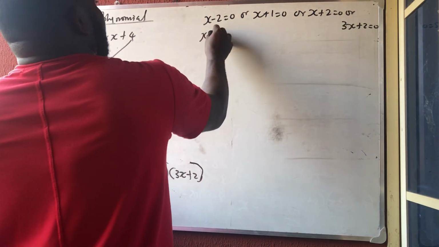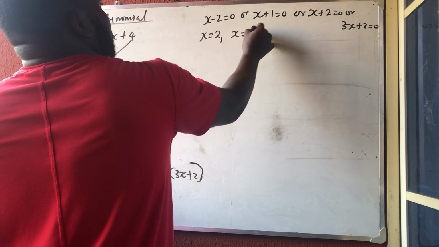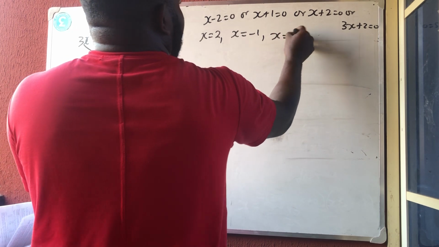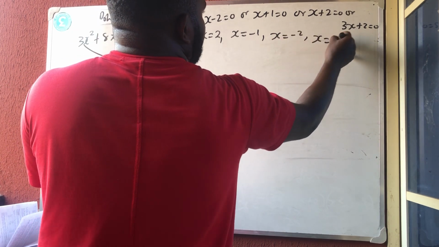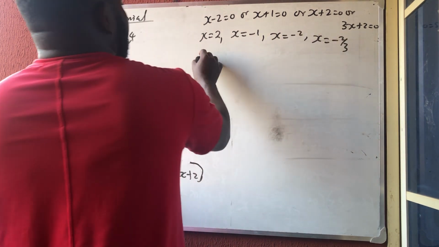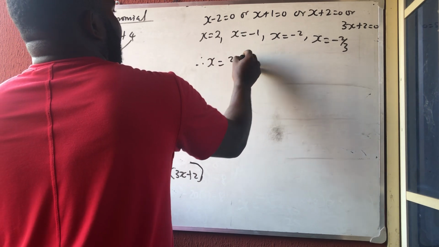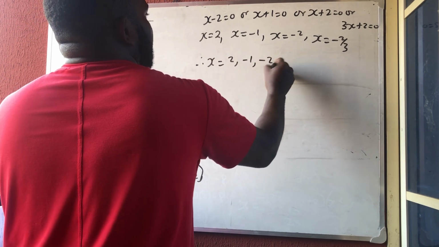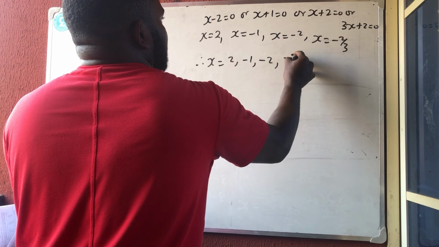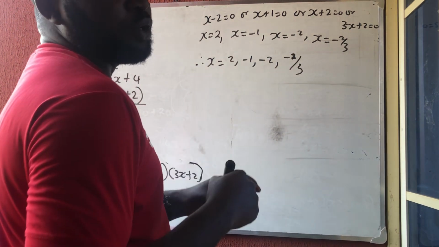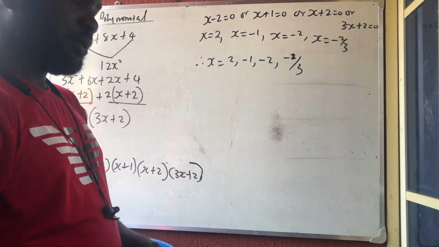Therefore, x is equal to 2, x is equal to minus 1, x is equal to minus 2, and x is equal to minus 2 over 3. Thank you very much for watching, and God bless you.